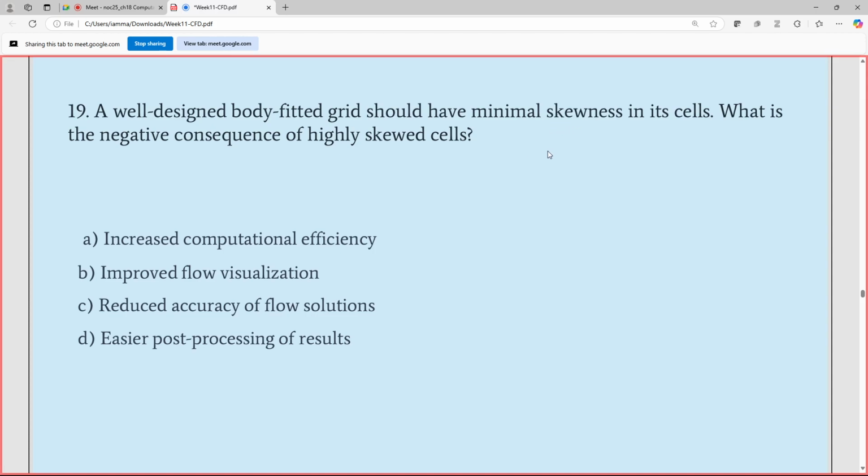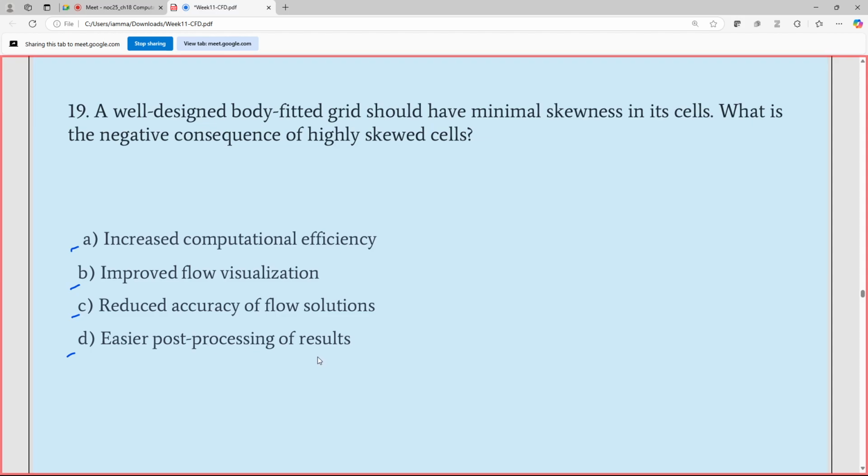So the question is asking what is the negative consequence of highly skewed cells. Options are: option A, increased computational efficiency; option B, improved flow visualization; option C, reduced accuracy of flow solutions; option D, easier post-processing of results.